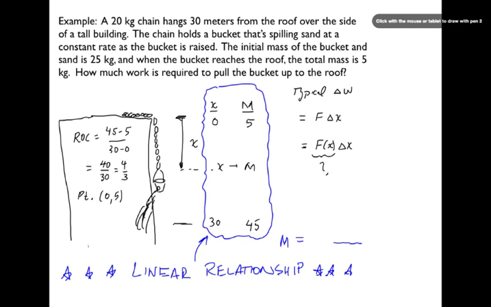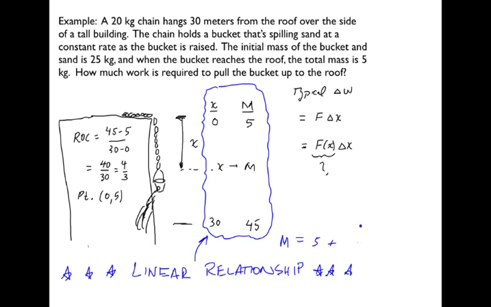Here's a way, and hopefully my Calc 1 students did it this way. What we need is a final value of mass, which we can get by an initial mass plus, remember this? Initial value plus change. So the final value of mass would be the initial value of mass plus the change in mass. And how can I calculate the change in mass?